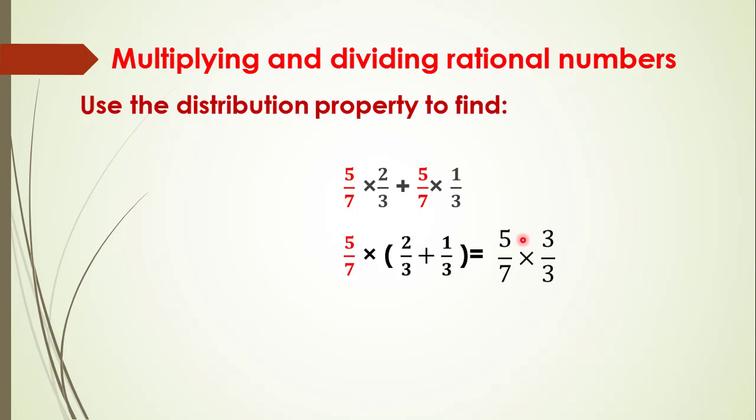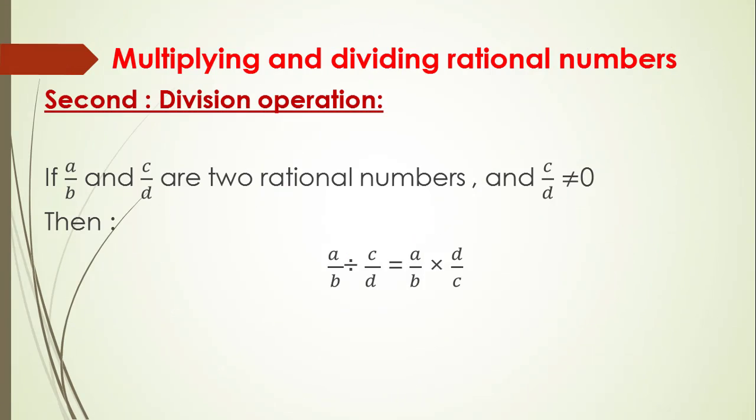So I have 5 over 7 times 1, which will be 5 over 7. Okay, this is the distribution property. I'll take the common outside, then I'll add or subtract the rest of the numbers.